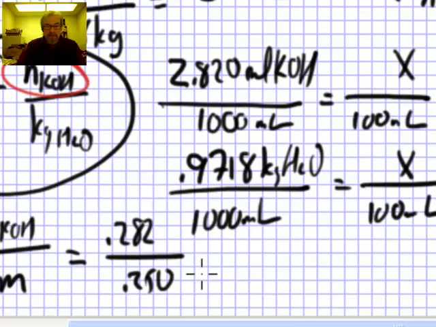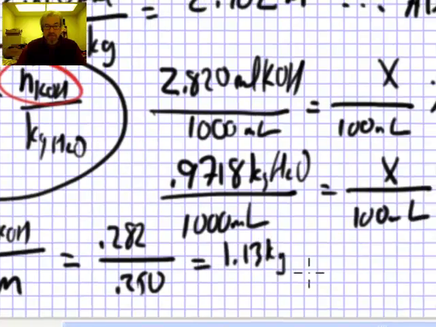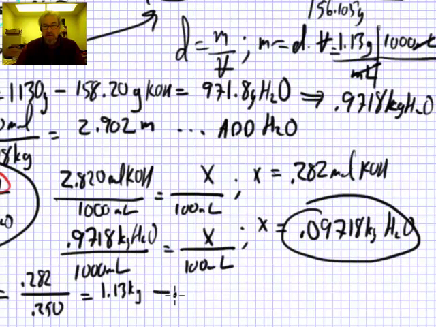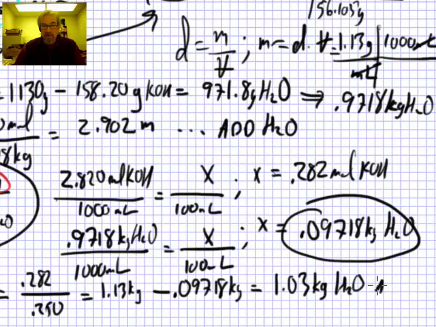And this will come out to 1.13 kilograms. Well, some of that is already in there. In fact, we know we have 0.09718 kilograms of water. So we'll subtract that amount because it's already there and find out how much water we have to add. And the answer is 1.03 kilograms of water must be added to our solution.